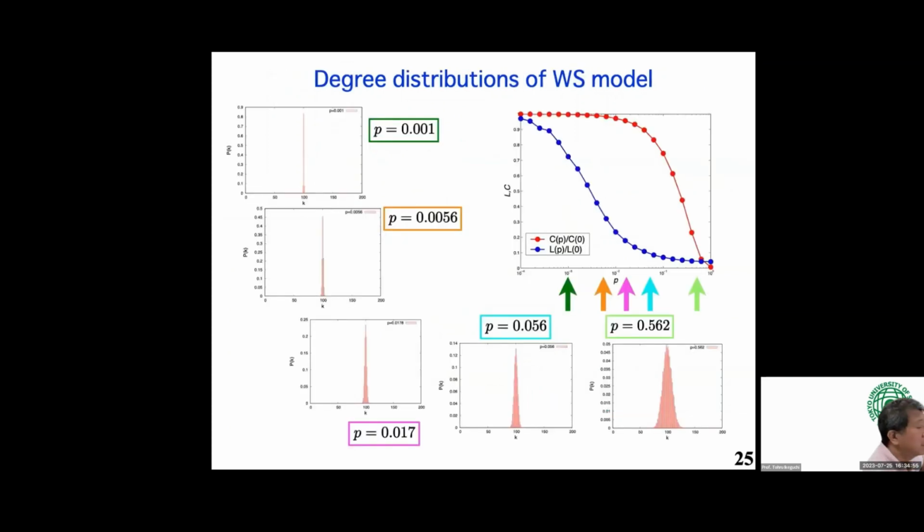This slide shows the degree distributions of the small world network model for various rewiring probabilities P. From left to right, the rewiring probability P is 0.001, 0.0056, 0.017, 0.056, and finally 0.562.